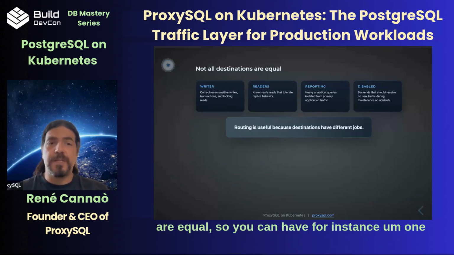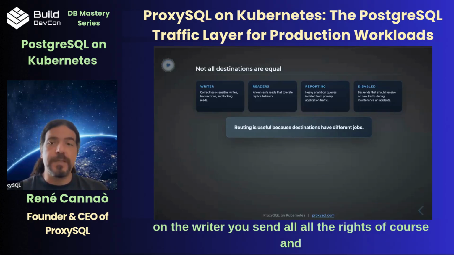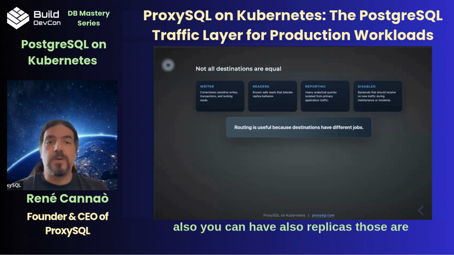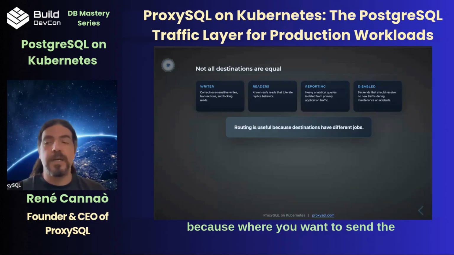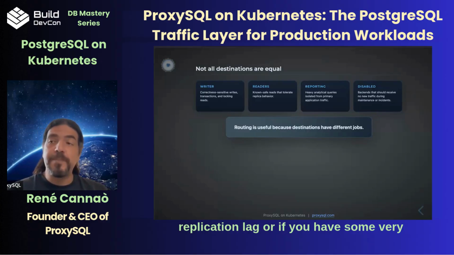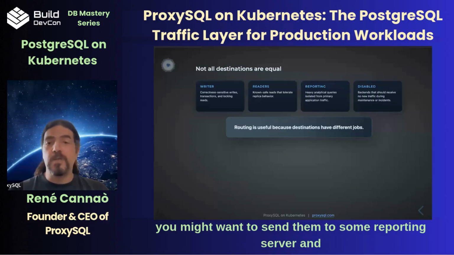You can have, for instance, one destination host group that is the writer. On the writer, you send all the writes, of course, and all the reads that absolutely need to be in sync. But you can also have replicas, where you want to send the reads for which you might accept some small replication lag. Or if you have some very heavy or long-running reads, you might want to send them to a reporting server.